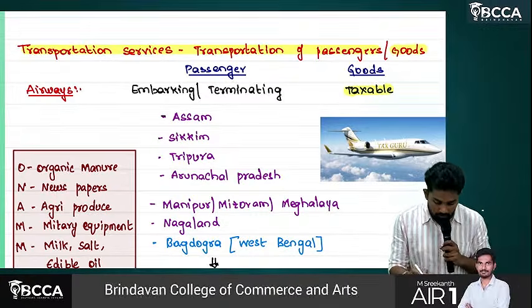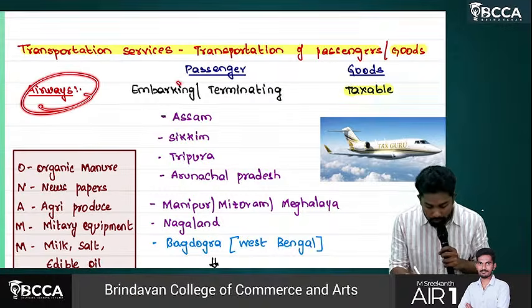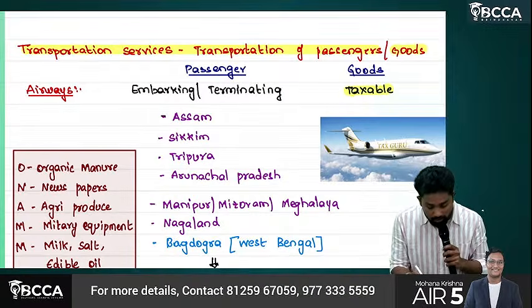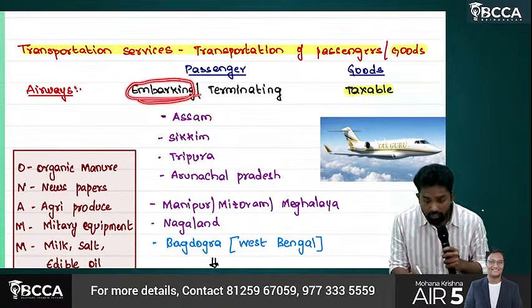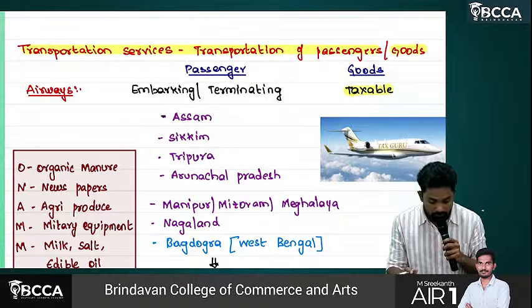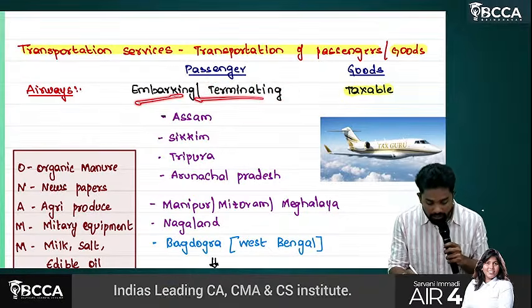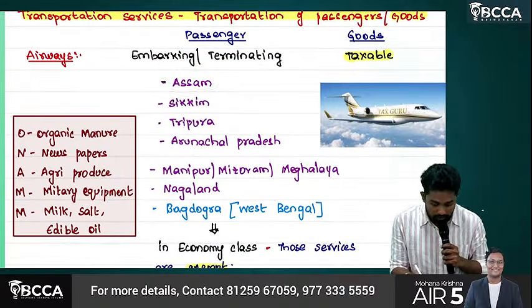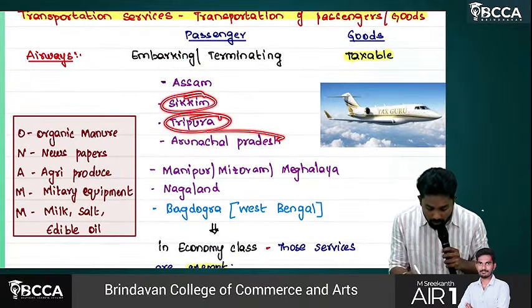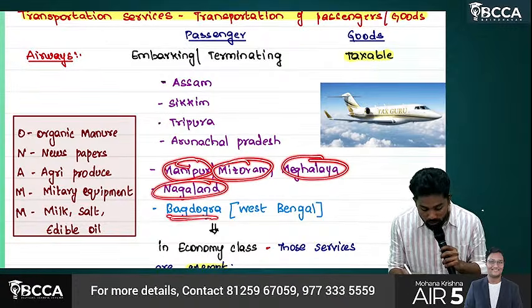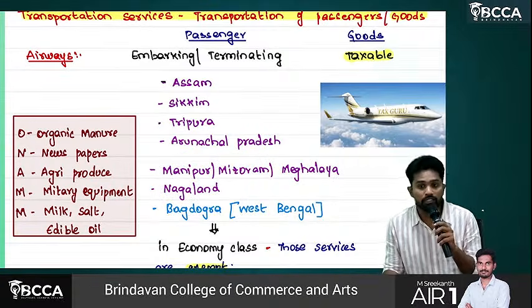Then if through airways passenger transportation is made, the exemption is available only when the aircraft is embarking, flying, terminating, landing. So when it flies or lands from Assam, Sikkim, Tripura, Arunachal Pradesh, Manipur, Mizoram, Meghalaya, Nagaland and Bagdogra, which is located in West Bengal.